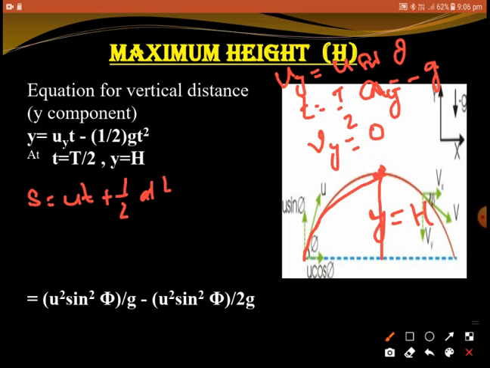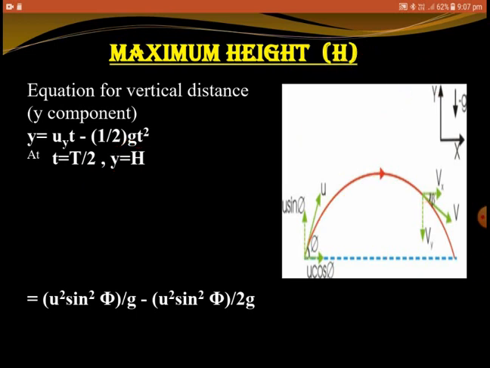So this s will be sy, with uy and ay, because this is all for the vertical motion along the y-axis. Your sy will be equal to the maximum height, or you can use y instead, so you need to replace this y by capital H, the maximum height.